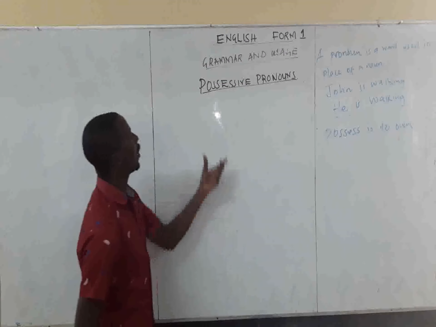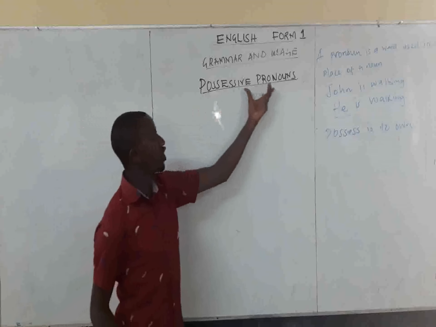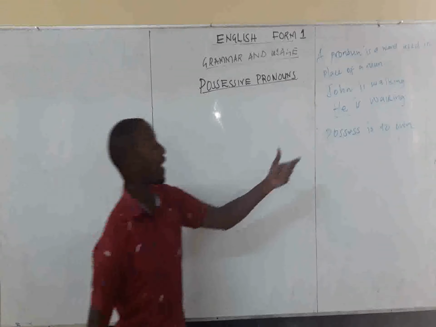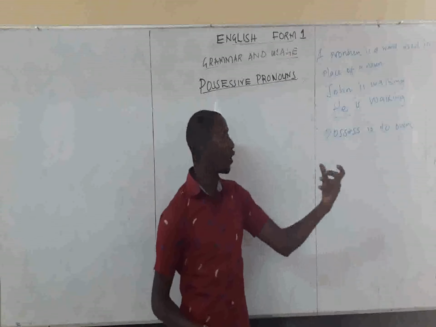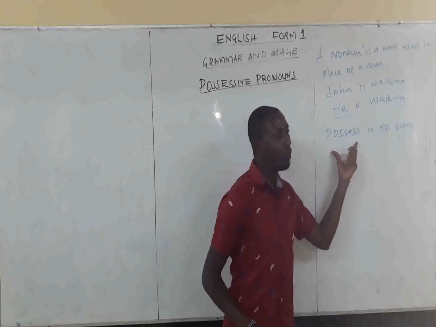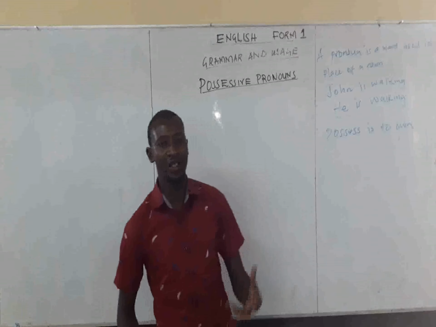And so we are looking at words which can be used in place of a noun. But what are they doing? They are showing ownership. They are showing who possesses what, or what possesses what.